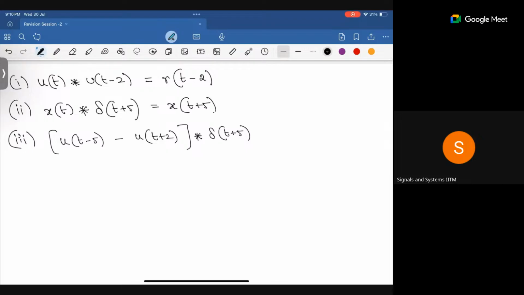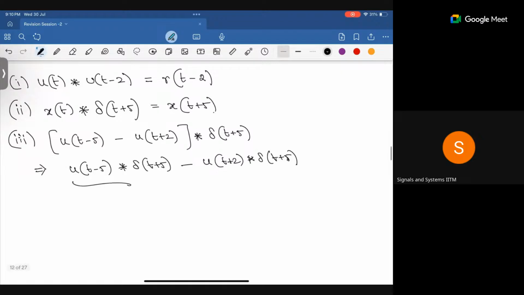If it is like this, you can solve u of t minus 5 minus u of t plus 2, which will give you some rect in some region, and then convolve with delta of t plus 5. But you can do it better with properties, no? You have the distributive property: u of t minus 5 convolved with delta of t plus 5, minus u of t plus 2 convolved with delta of t plus 5.